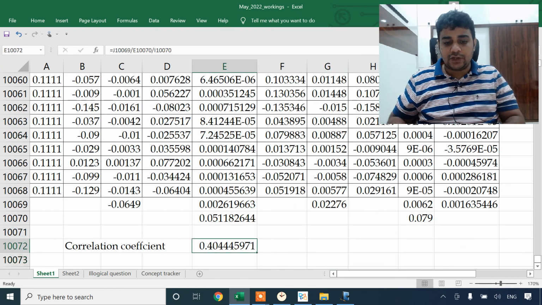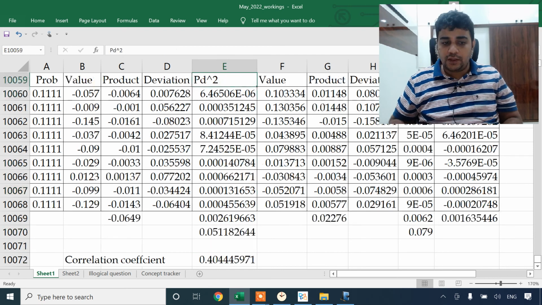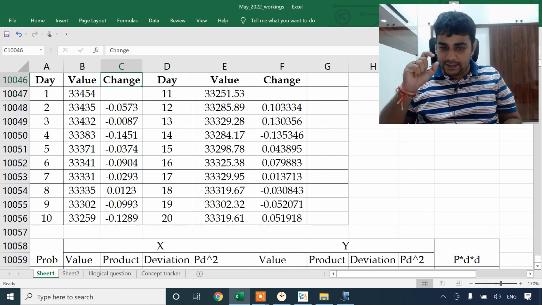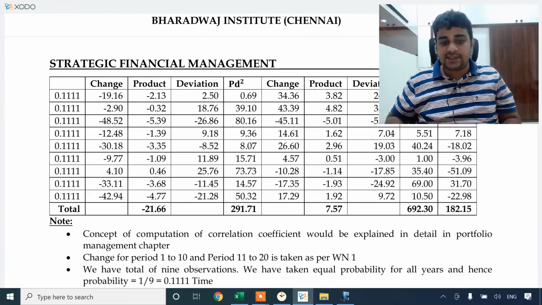The correlation coefficient turns out to be 0.4044. The only difference is, instead of doing the absolute change, you will have to do the percentage change. Percentages are very low. That's the problem.